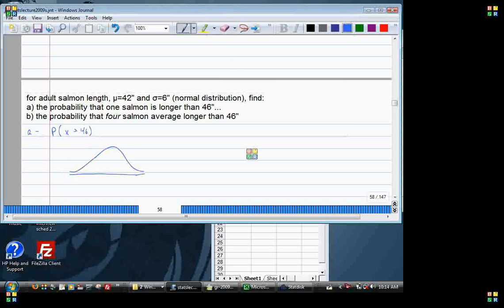What do we label on the picture? 0 is in the middle for z, and 42 is in the middle for x. This is an x value. So the mean is 42. Now what else do I mark off? We mark off 46 as another x value.